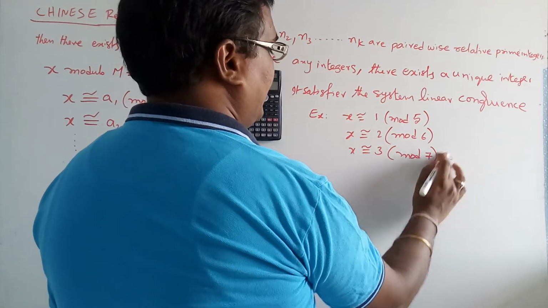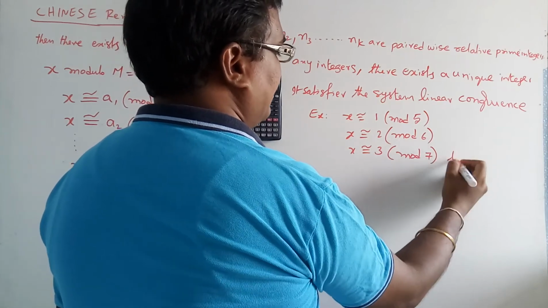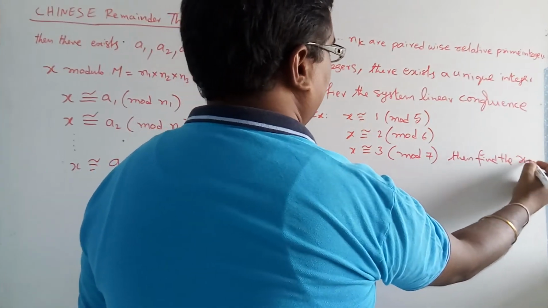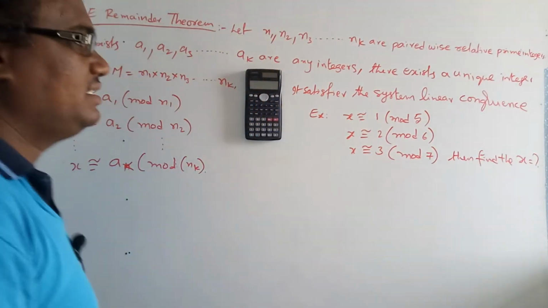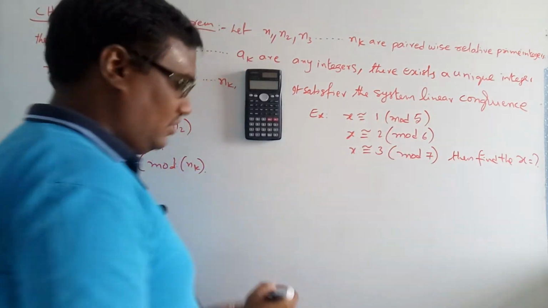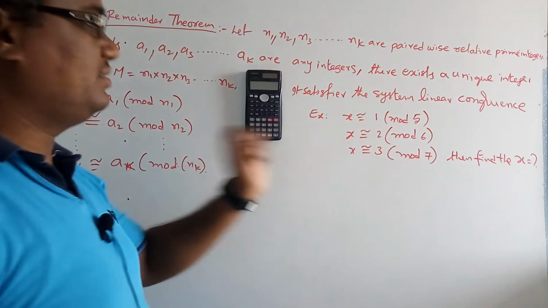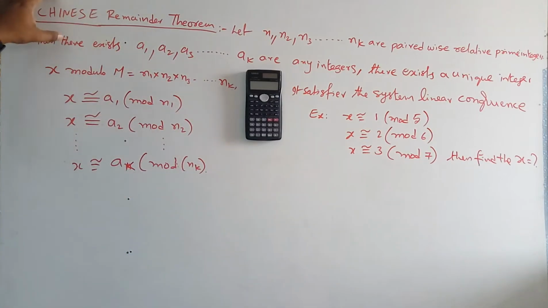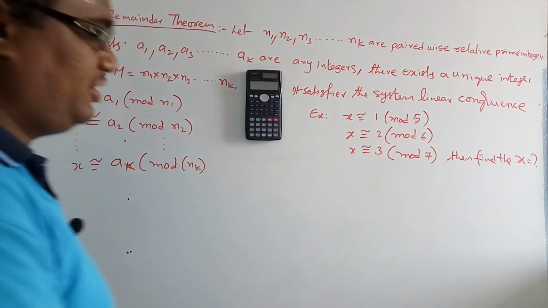Then find the x value. This is the example. Now I am solving this problem with the help of the Chinese remainder theorem. Please watch.